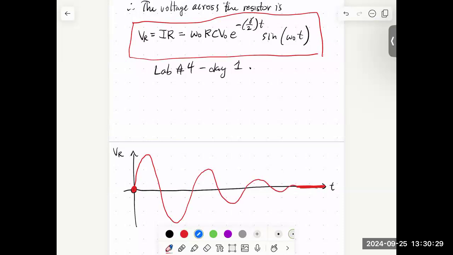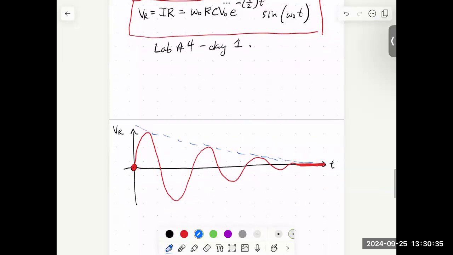Okay, and we'll put in our little envelope functions that just kiss the peaks and minima. And so these go as e to the minus gamma over 2 times t. And let me label here the period. The period is the time to complete one full oscillation.